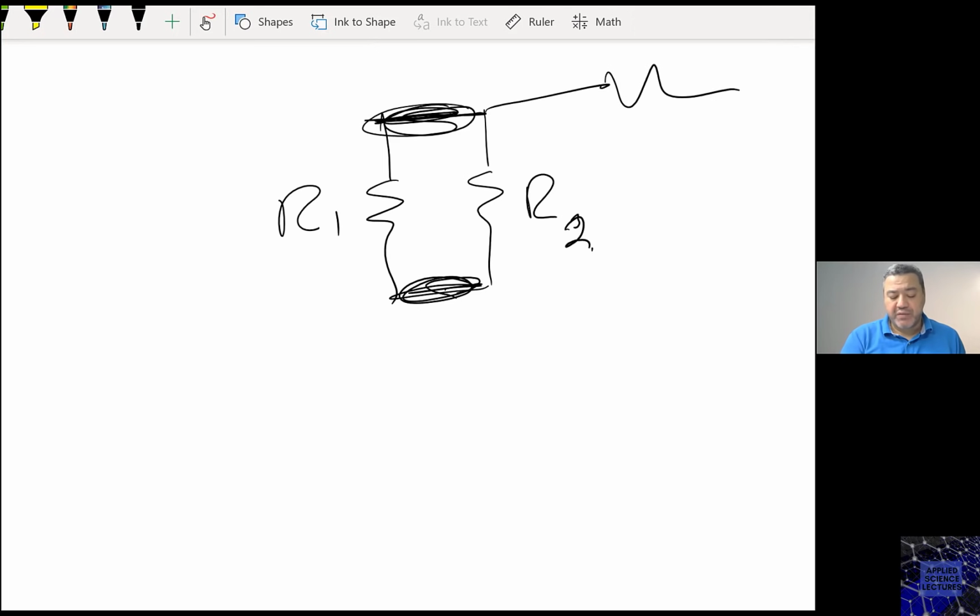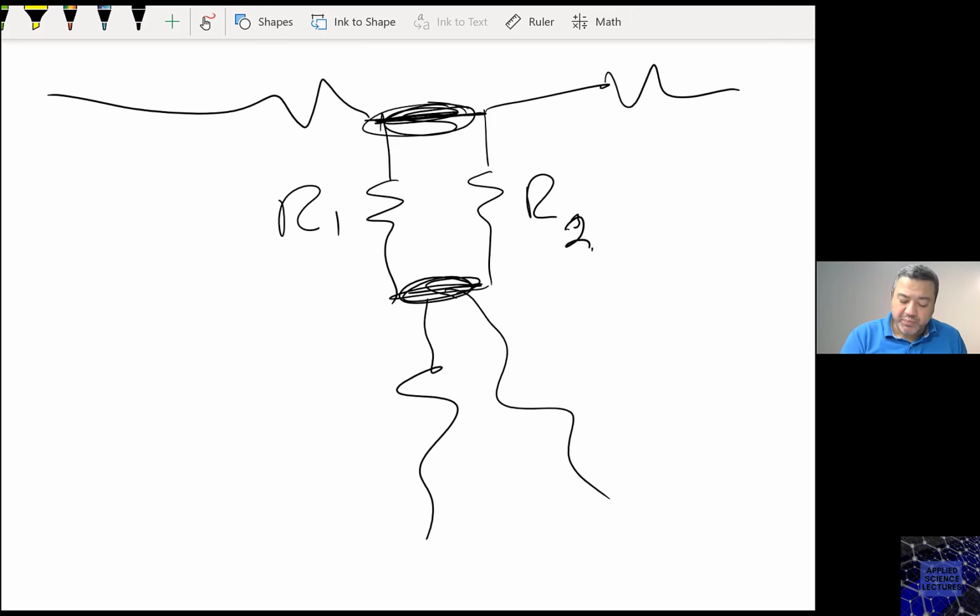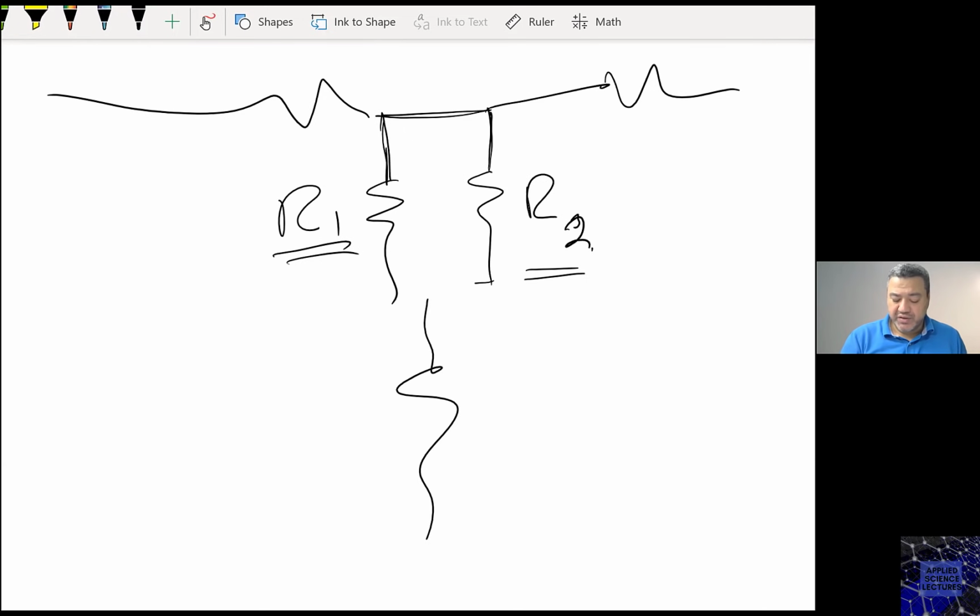Regardless of whatever is sharing those nodes, as long as both of them are sharing both nodes, in other words, as you can see, R1 is connected to R2 from both sides. There is nothing in between. They are connected directly with a wire like this from both sides. In this case, I can call R1 and R2 connected in parallel.